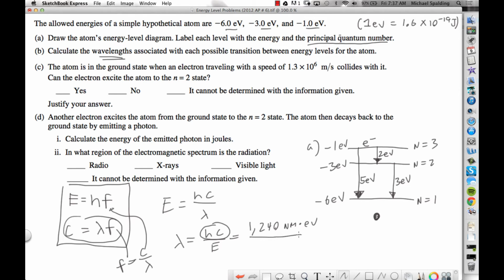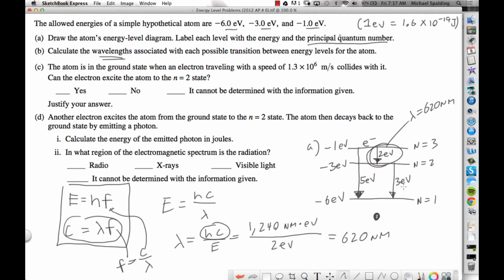Okay. And then divide by E. So look, how do we get the wavelength of this one? Divide this by the energy of that one, which is 2. So you divide that by 2. This is 620 nanometers. So this one right here has a wavelength of 620.